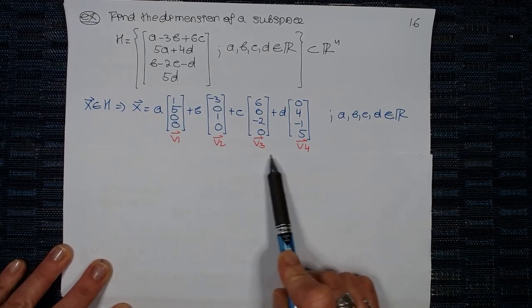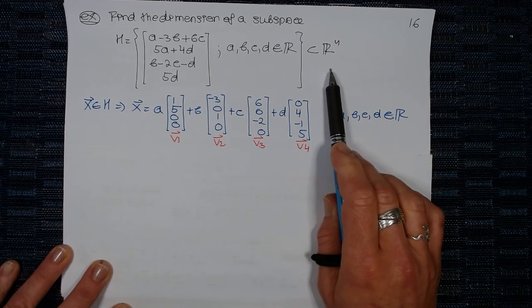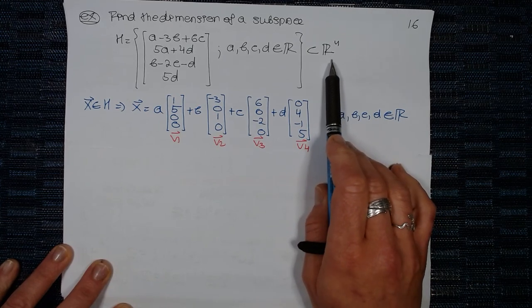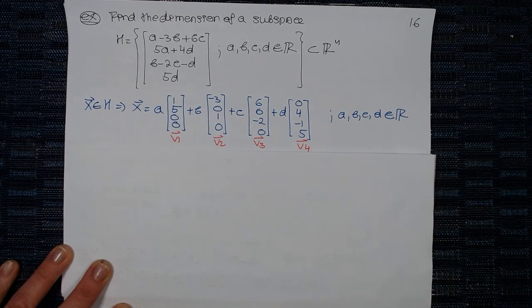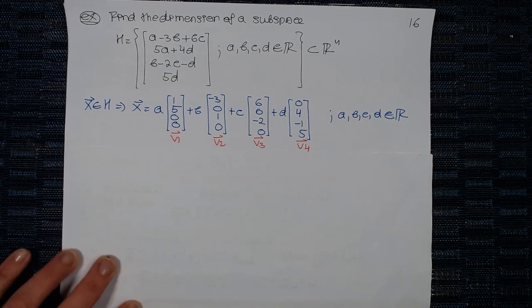So if all of those are linearly independent, that means H would be equal to R4. So we really need to check whether H is all of R4, or maybe some of those vectors are linearly dependent and I can throw some of them away to form the basis. To find the dimension, I really need to find the basis of linearly independent vectors.